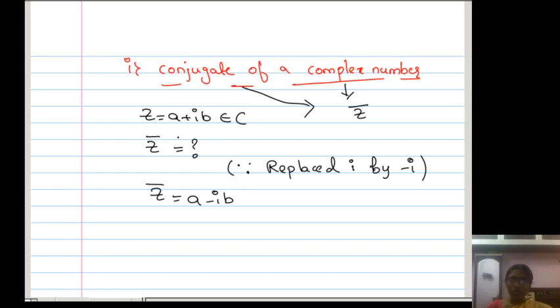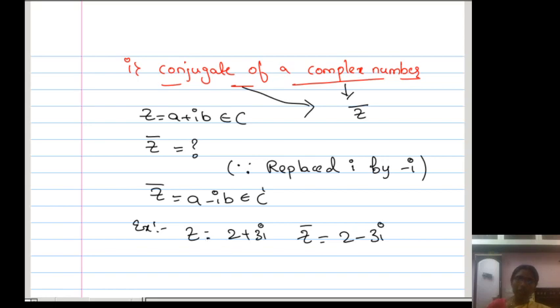If Z is A plus IB, what is Z bar? A minus IB. Instead of I, I put minus I. For example, if Z is 2 plus 3I, then what is Z bar? 2 minus 3I.